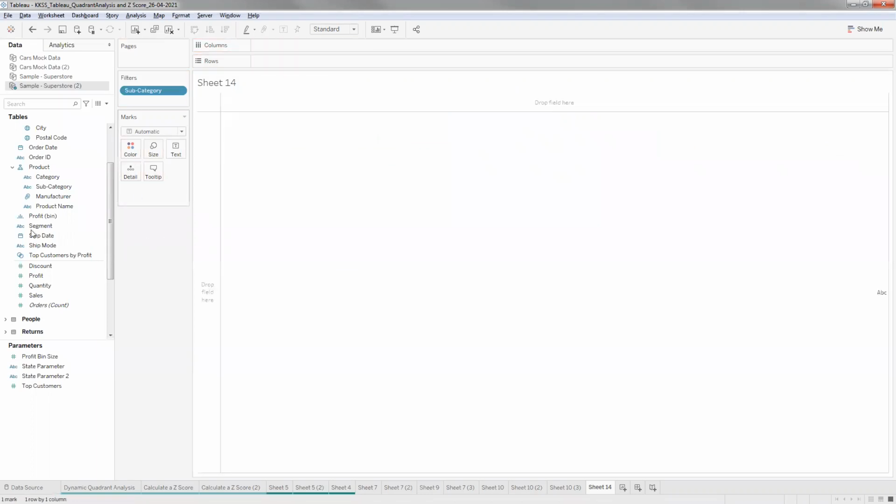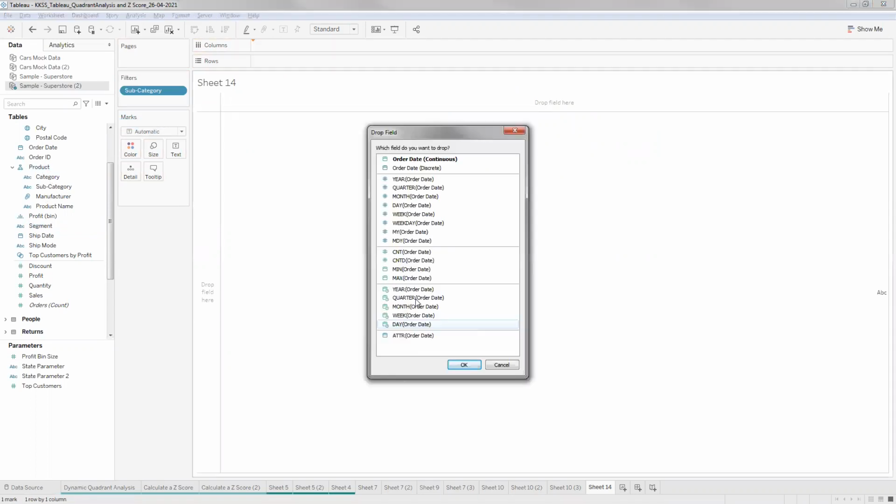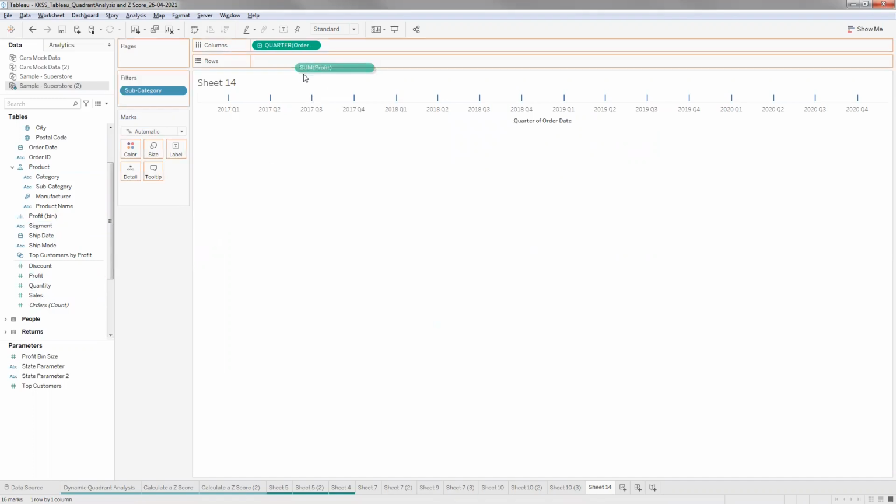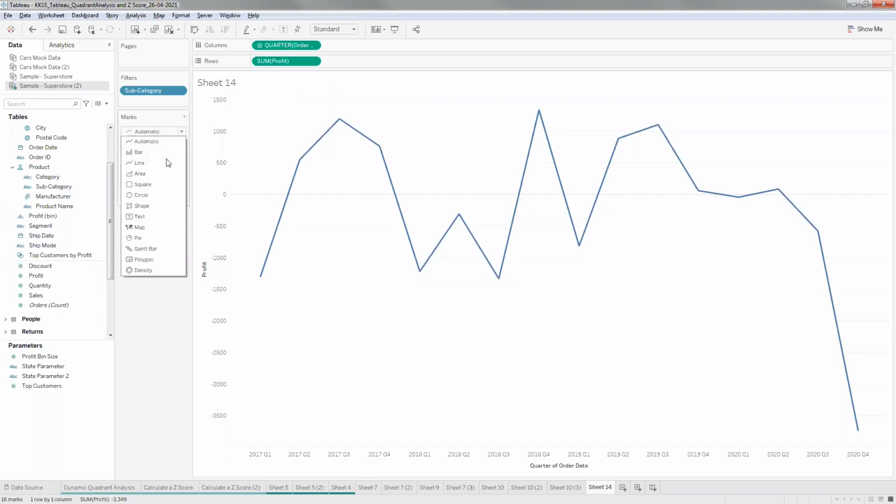Okay, now let me drag in my year, or in fact my quarter, for the date. Okay, and my profit, and change this to bar.